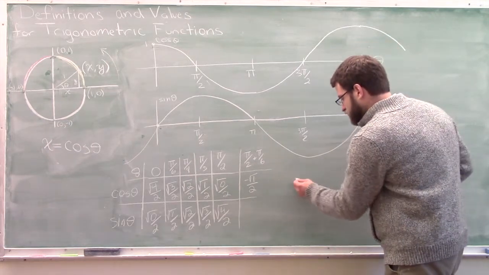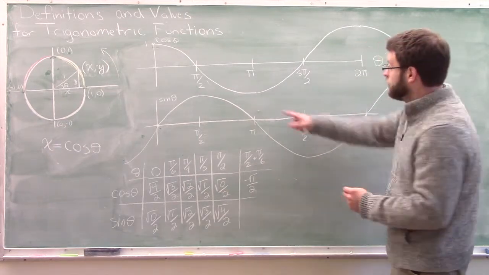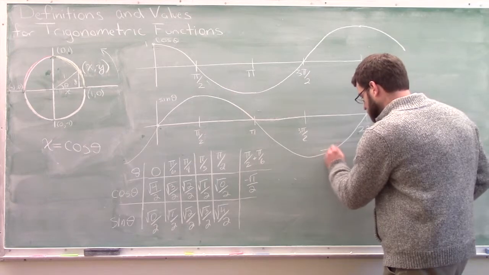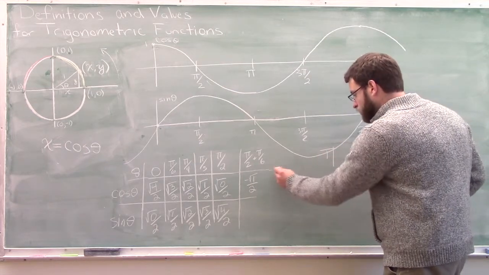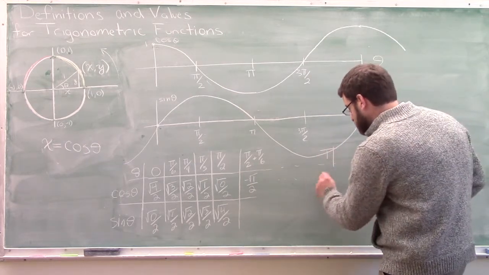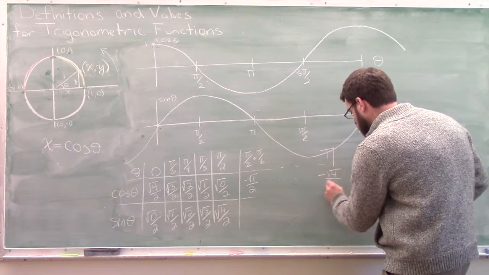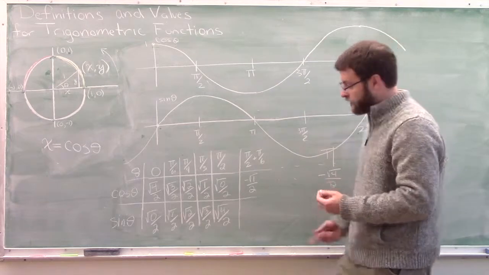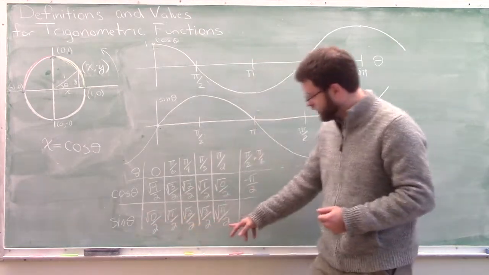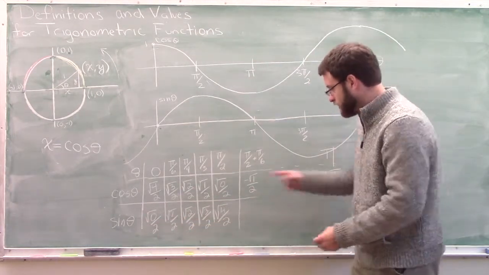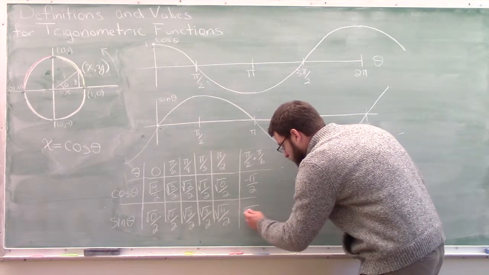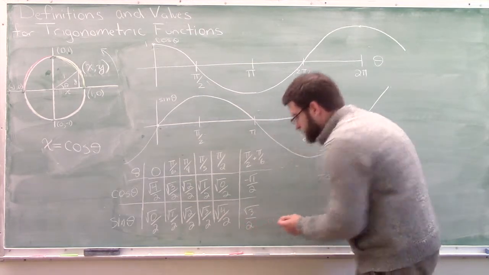As we continue this process at pi, that next special angle, the pattern extends so that cosine is negative square root 4 over 2. And then with the sine function, once you get up to 1, you start counting down again. So we see square root of 3 over 2.